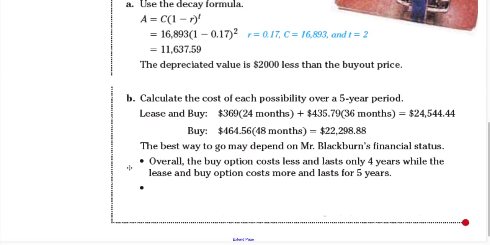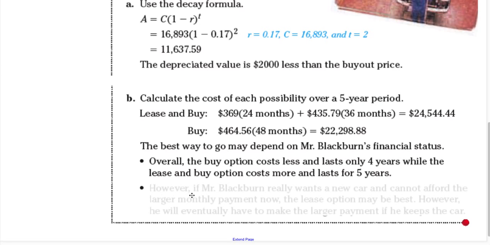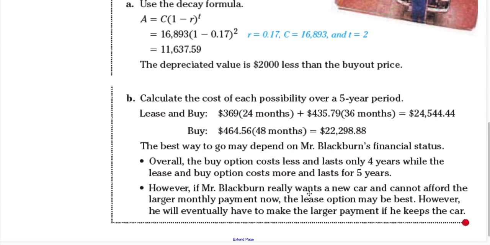Okay, if he's good with money, if he doesn't have to worry about money when he starts buying the car, because the monthly will be a lot bigger. But on the other hand, if Mr. Blackburn really wants a new car and cannot afford the larger monthly payment now, okay, so he would take the lease option, maybe best, because he only pays $369 for 24 months.